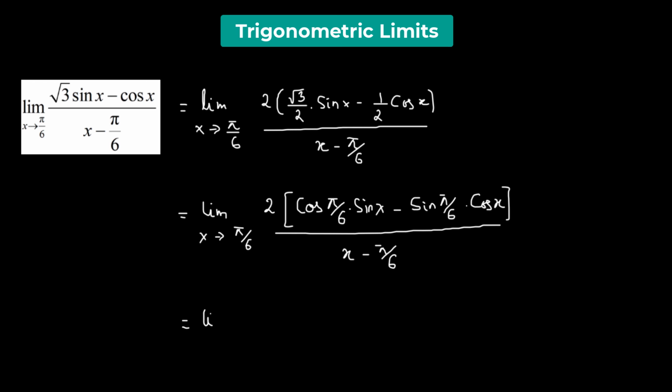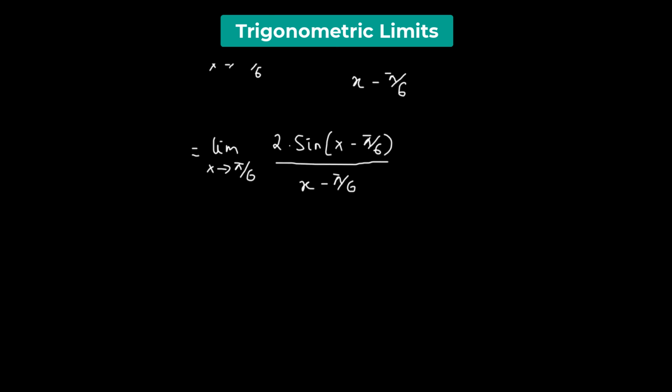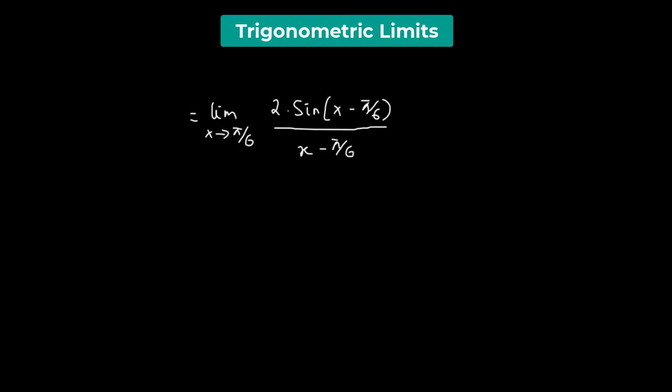That means we have limit x tending to pi over 6, 2 times sine of x minus pi over 6, divided by x minus pi over 6. Now we are going to change the limit. So let's bring the 2 to the front.